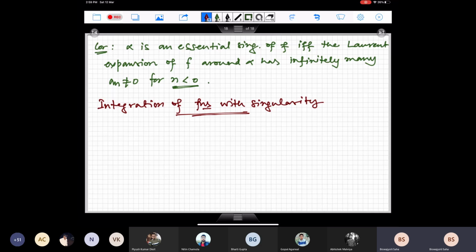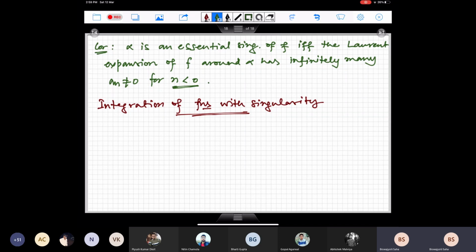To understand this theory well, and when we encounter the Cauchy residue theorem, it will be very clear why the Cauchy residue theorem is there.